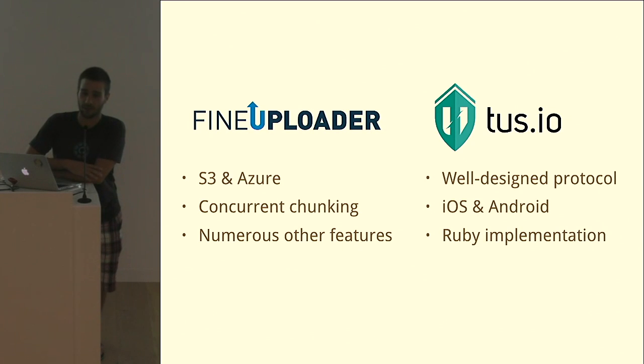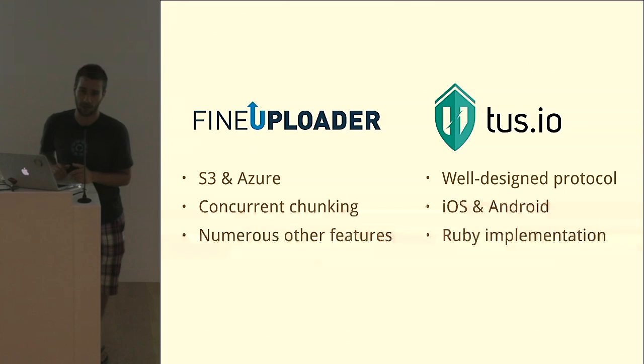By protocol for TAS.io, I don't mean something complicated. It's just HTTP, so it's just headers and request and response bodies. It's just something that both the client and the server need to communicate in the same way in order to achieve reliable uploads.